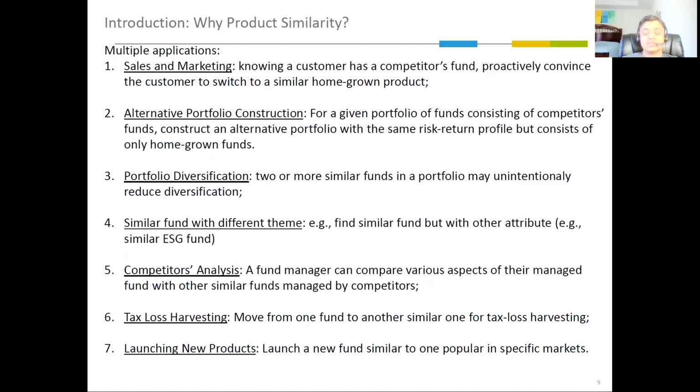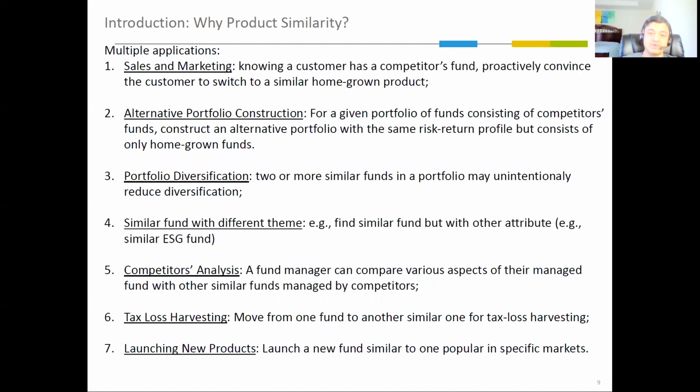If you have a salesperson in the field, and he sees that your end investor's portfolio has a competitor's mutual fund, then the salesperson can run this hypothetical similarity tool and identify the similar funds which are homegrown to the salesperson's company.